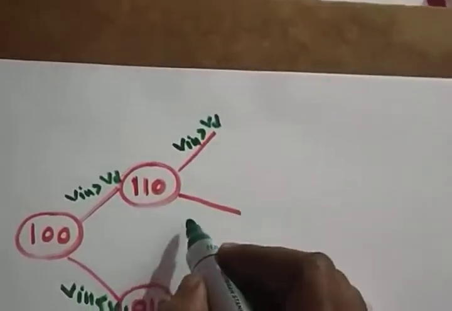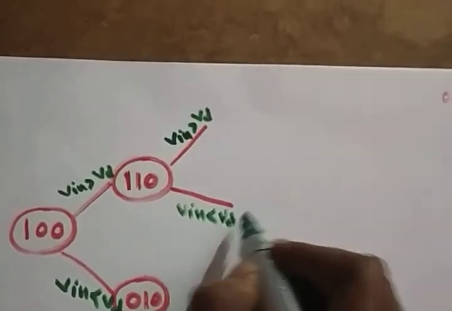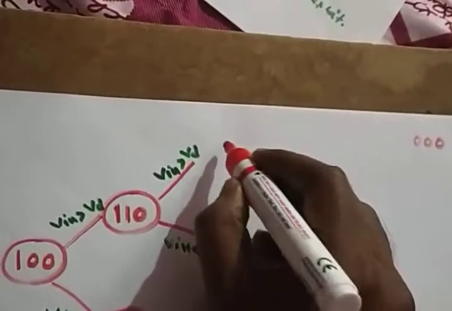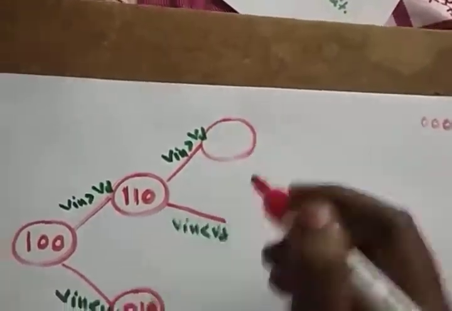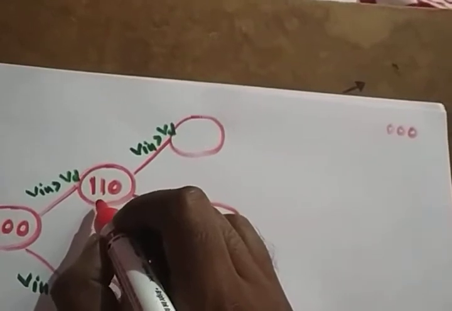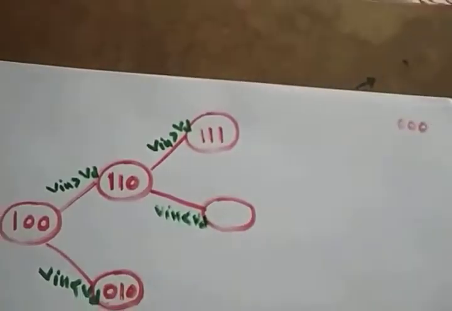Same thing, right? Again you will get 2 possibilities. Here also Vin greater than VD, and here also Vin less than VD, right? If Vin is greater than VD, you will set the next bit. Here this bit was set previously, and you will set another bit. So 1, 1, 1, right?